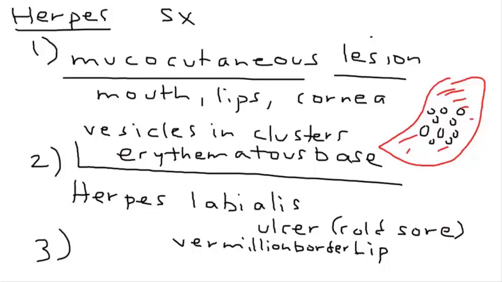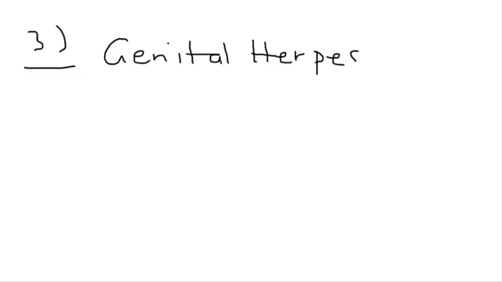And the last one, which I don't have enough space for, is the most common one, genital herpes. And that is by far the most common, and in fact it's the most common ulcerative sexually transmitted disease in the world.